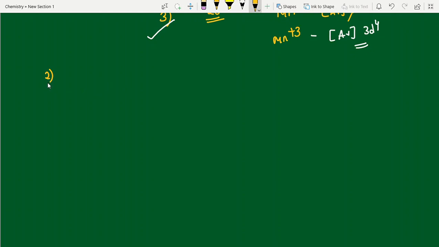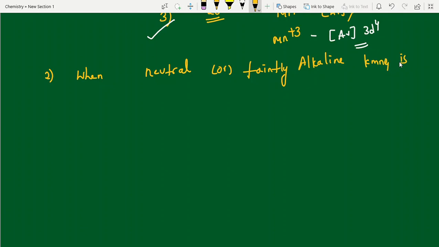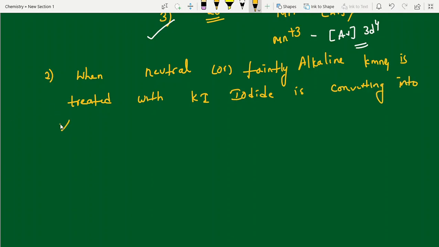Question 2. When neutral or faintly alkaline KMnO4 is treated with KI, potassium iodide, the iodide is converted into X. What is X?